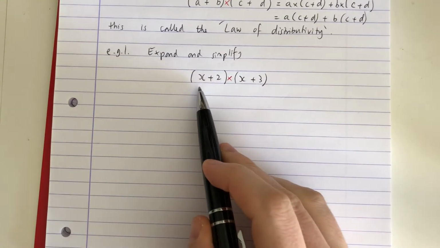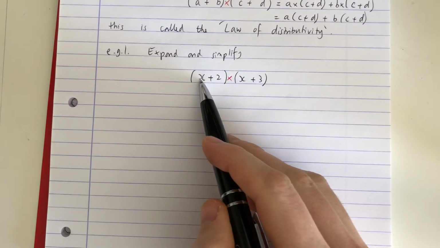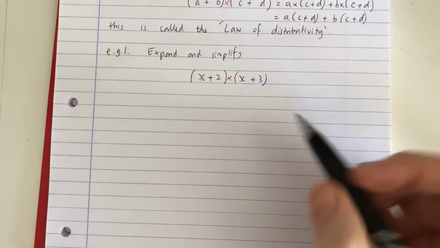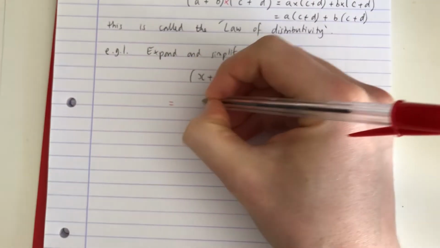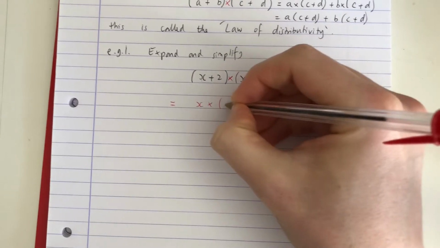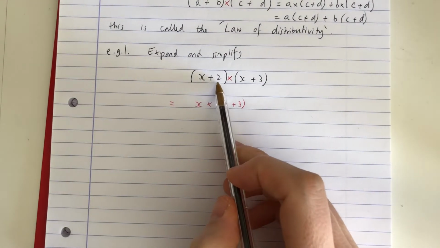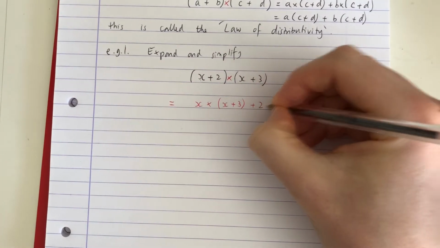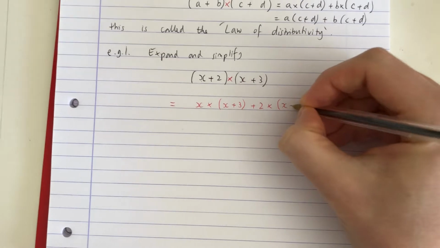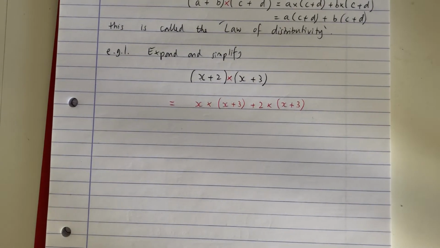Everything in the first bracket, you've got to times it by the second bracket. So x times the second bracket and the second number times the second bracket as well. So you've got plus 2 times the second bracket. That's the first line of workings.